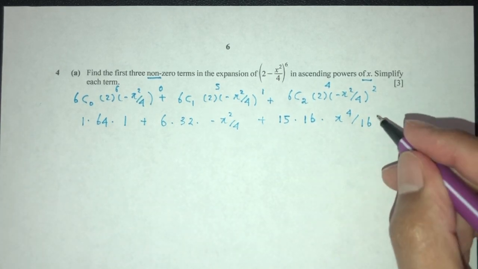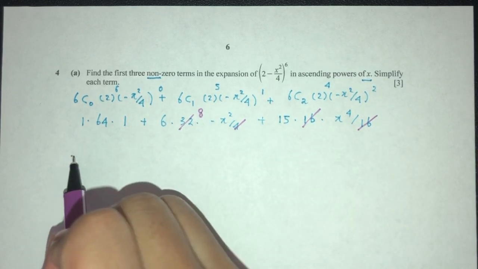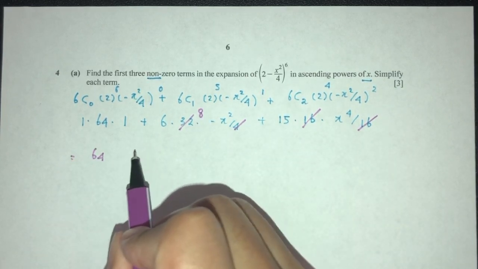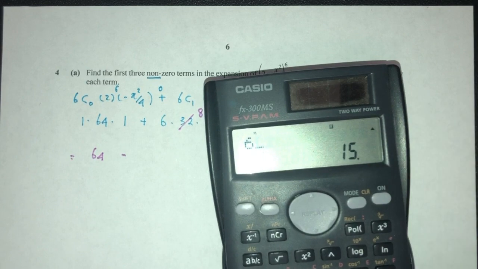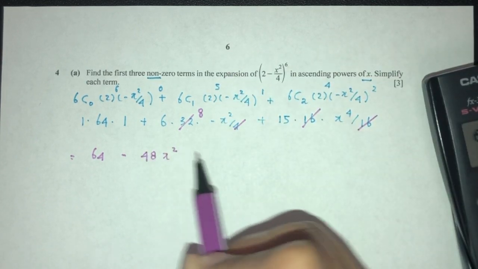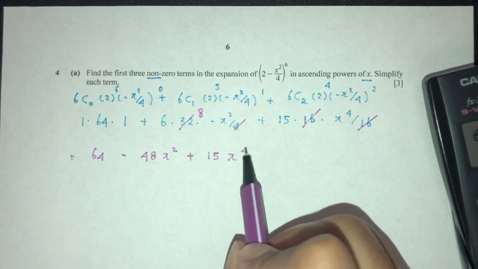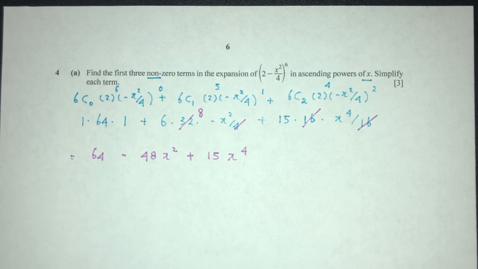Simplified, this and this will cancel out. This and this will cancel out. So you will have 64 minus 6 times 8 will be minus 48 x squared, and here we have plus 15 x power 4. That will be question part A.